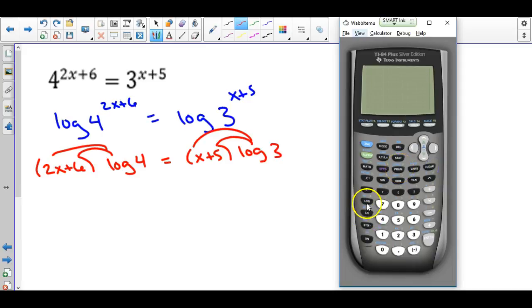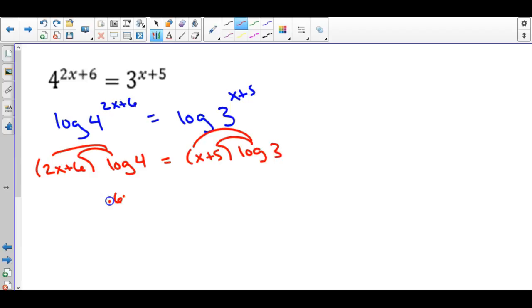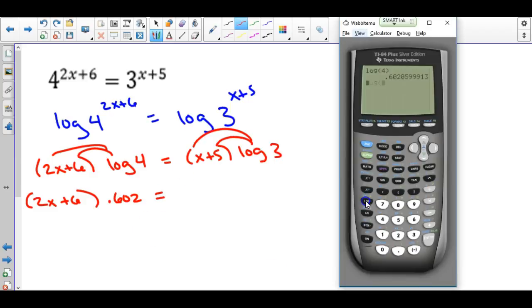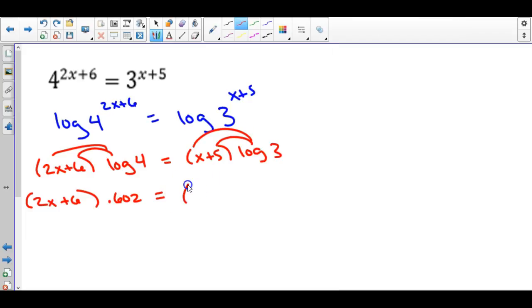So I'm going to take my log 4, and that's going to give me 0.602. That's something I'm going to be distributing here on the left-hand side. And on the right-hand side, I'm going to do log 3 and figure out what that value is, and that's 0.477.